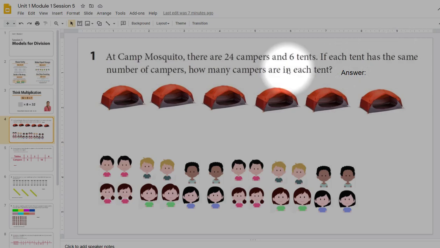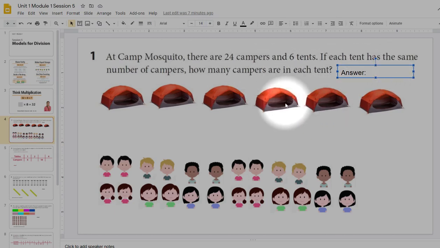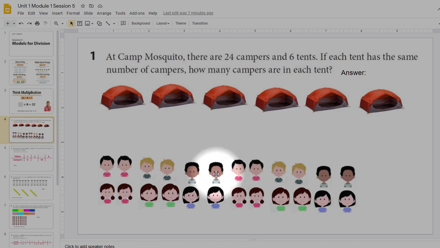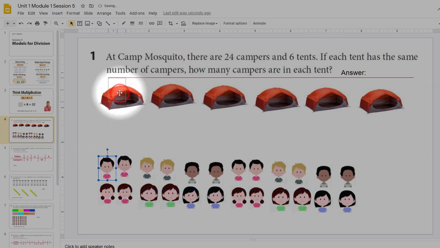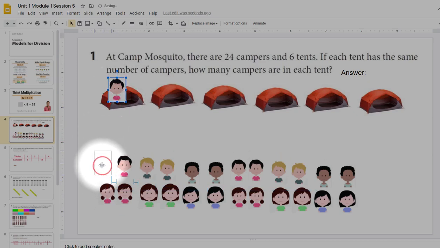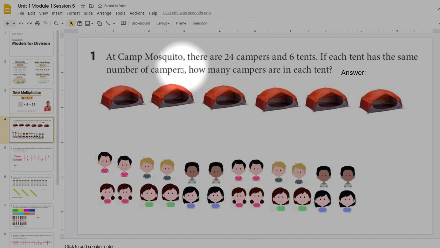If each tent has the same number of campers, how many campers are in each tent? This is where you'd click to put your answer. These are not movable, but these guys are. So you could take them and start dividing them up, putting them into the tents. You drag it up, say there's one, until you get them all equal. Remember, equal in each tent.